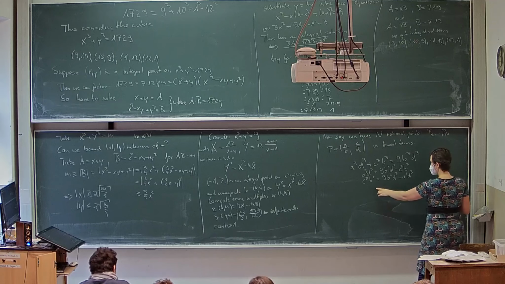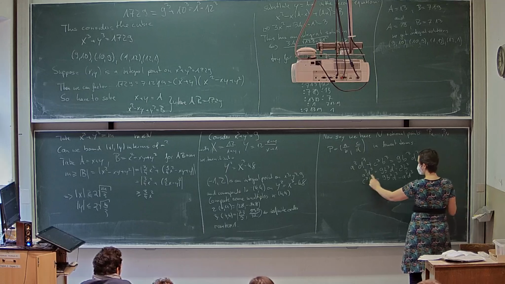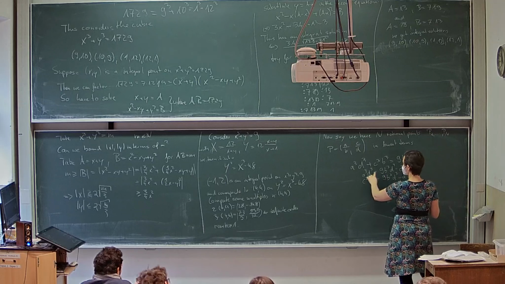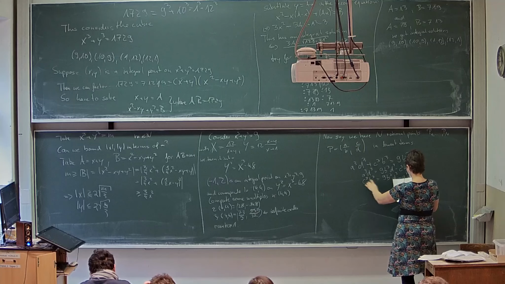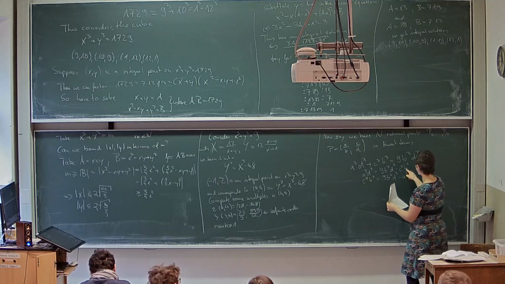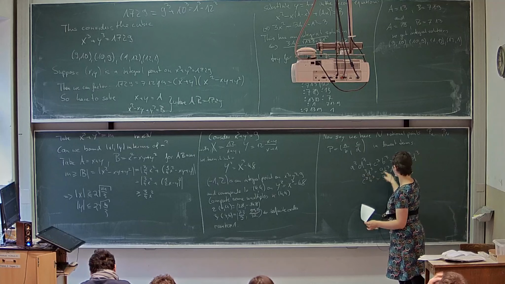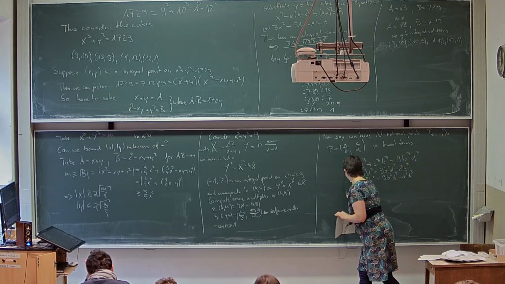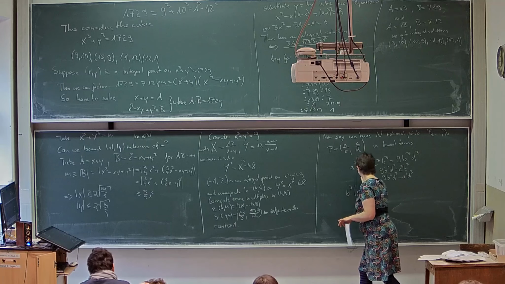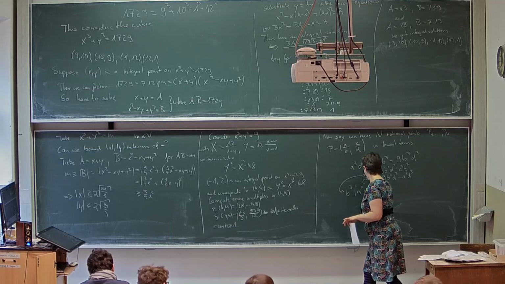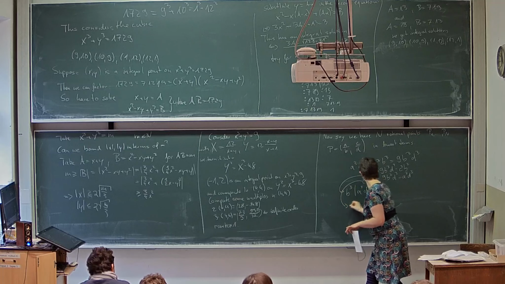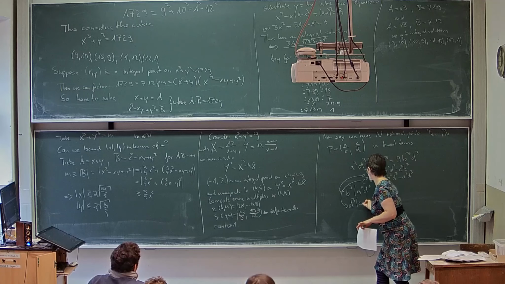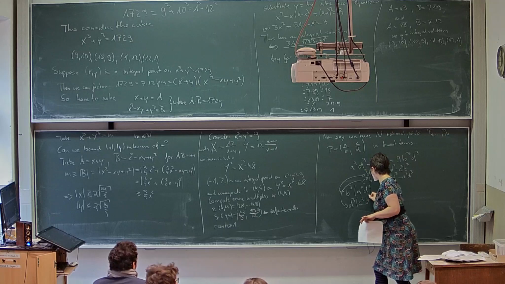Okay, so now here we have this b cubed, and this means that b cubed divides a cubed times d cubed, and this means that d cubed divides c cubed b cubed.